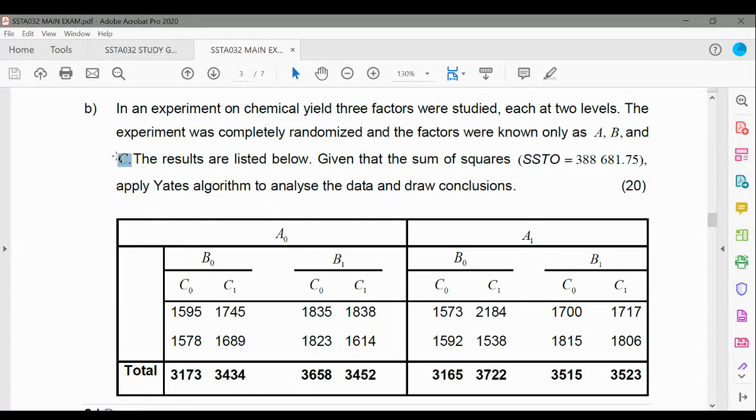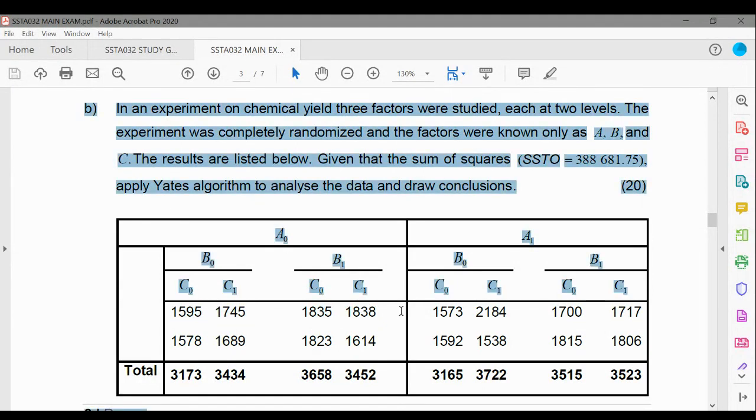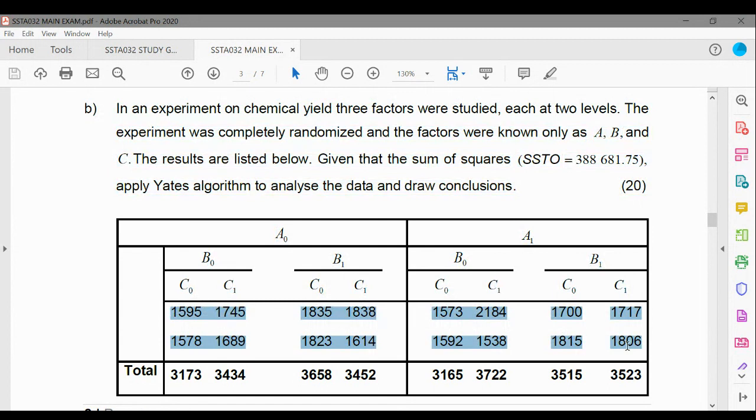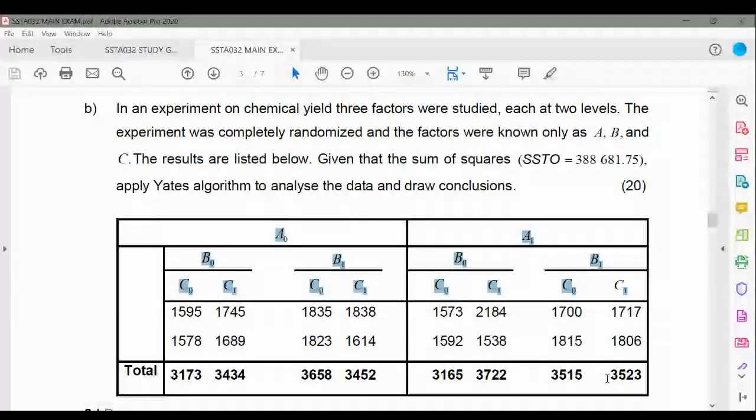So now don't worry about this information here. I want you to only copy these symbols the way they are, and their totals.